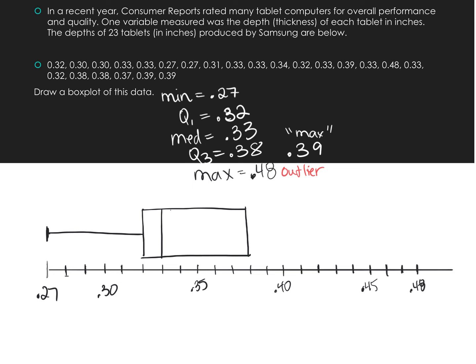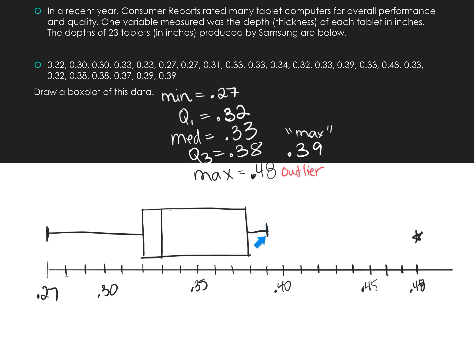And then my max line is going to go at 0.39, and then out here 0.48 is going to be our outlier. So your graph should look a lot like mine. Wait, what's this line?